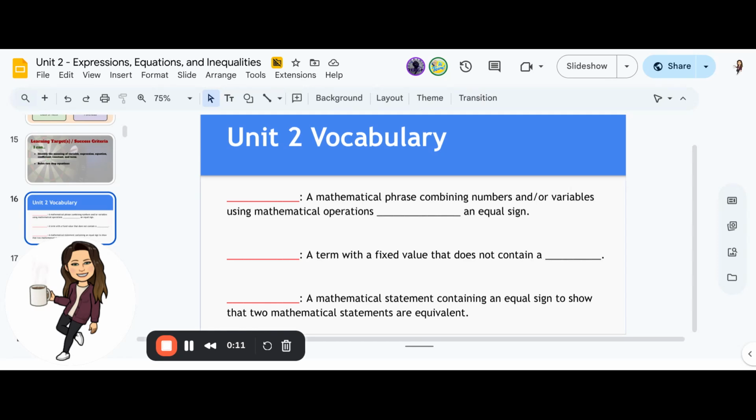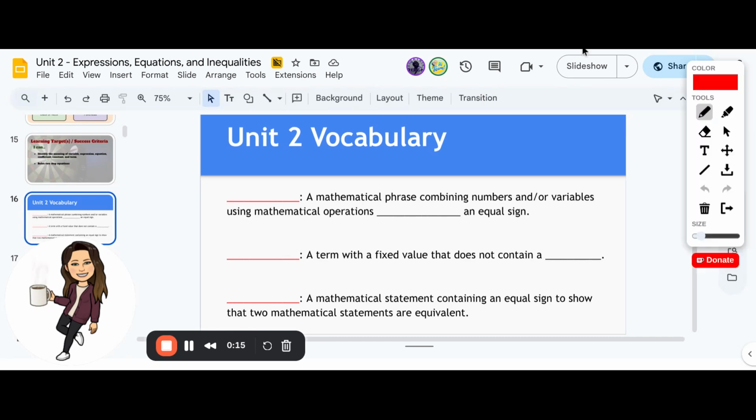So first up, we're just going to go over the 3 vocabulary words that we focused on for this particular weekly check. The first one is expression, and that is a mathematical phrase.